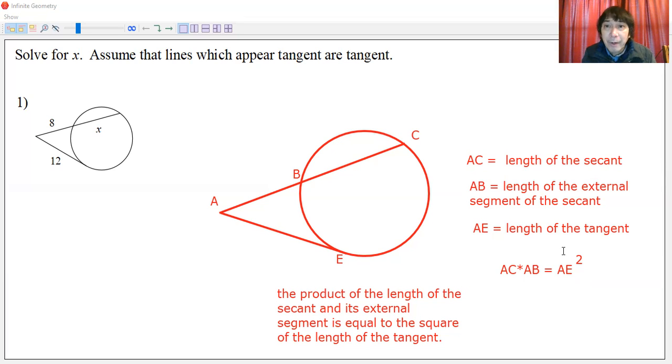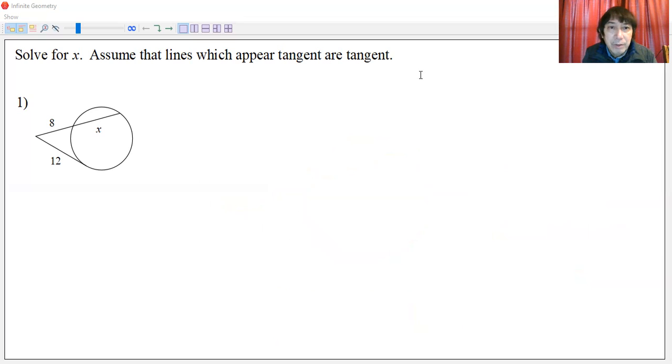Let us solve the problem. Let me clear the screen. In our working equation, since there are no labels for the points, we will just use the assigned lengths. The length of the secant is the sum of x and 8, so x plus 8 is the entire length of the secant.